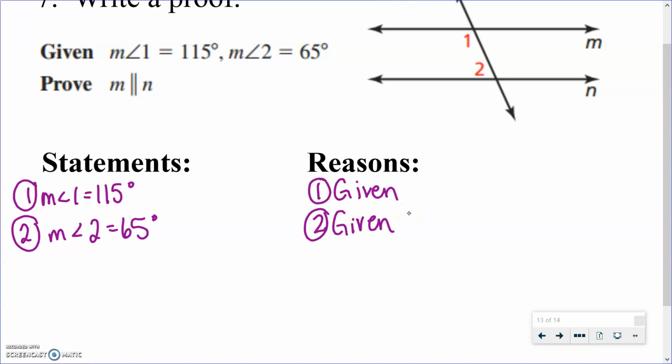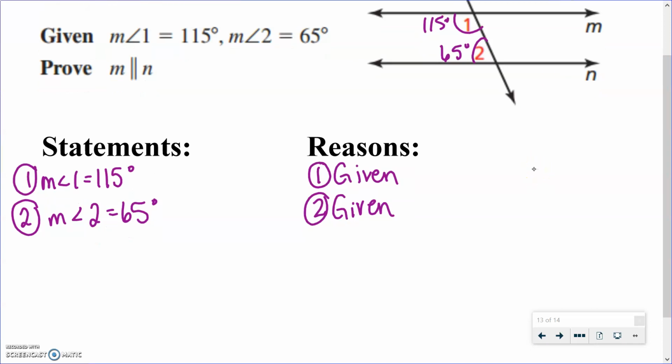So what I'm going to do is label this and say, okay, I know that this is 65 degrees. And I see this is 115 degrees. Oh, I see this relationship. I know they're on the same side of the transversal in between m and n. And so they're same side interior. And I know that if same side interior angles are supplementary, that makes the lines parallel.